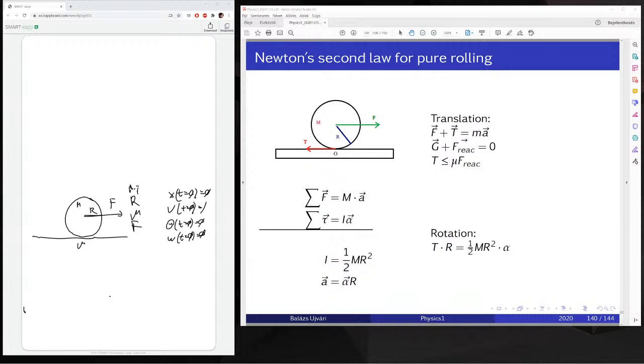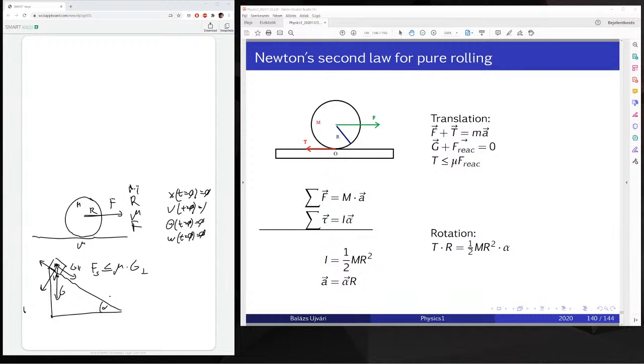Let's go back at first to the incline example. We have a box with mass m, and there's a mu, and there's alpha, and so on. At the very beginning, we divided the weight into parallel and perpendicular components, and we checked whether the static friction, which has a maximum value of mu times g perpendicular, is enough to compensate the g parallel.